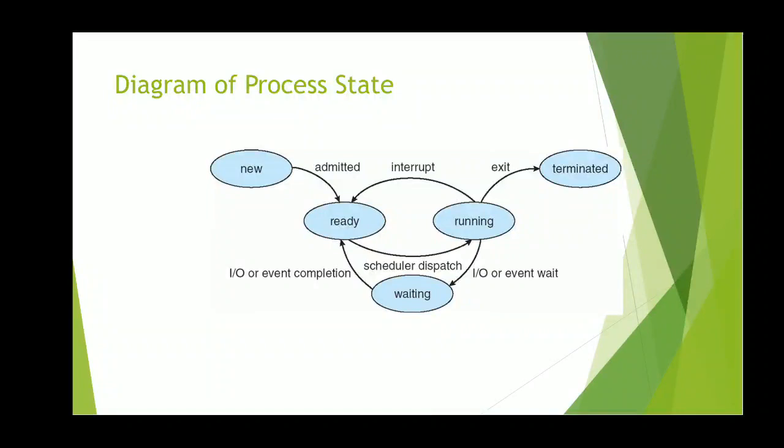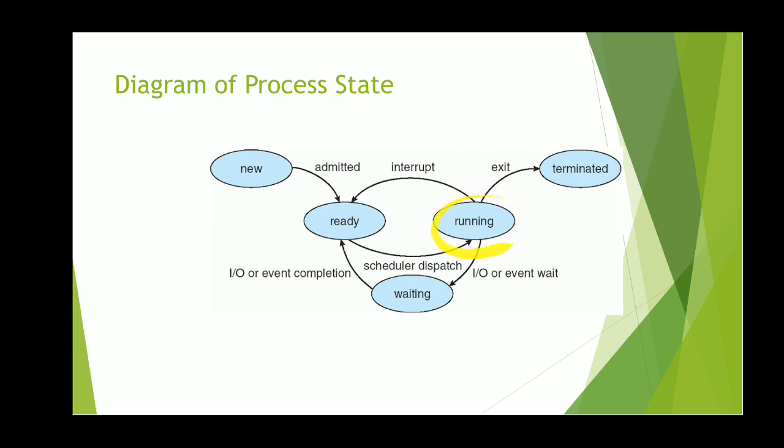When a process is created, it will be in the new state, and when necessary resources are allocated, it will be admitted to the ready state, and from the ready state, it will go to the running state, assigned by a scheduler using some scheduling algorithm.